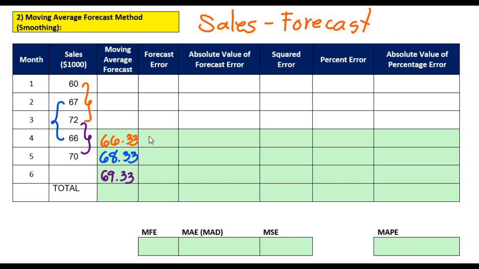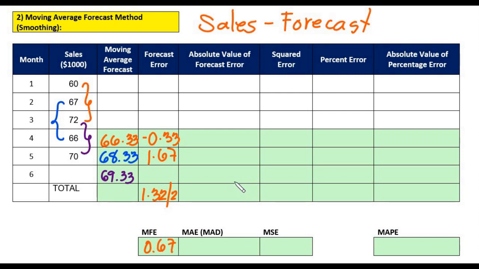Okay, 66 minus 66.3, that would be negative 0.33. And then, for month 5, that would be 1.67. To get the MFE, we get the sum, and then divide it by 2, which gives us the average. That would be 1.32 divided by 2, which is 0.67.